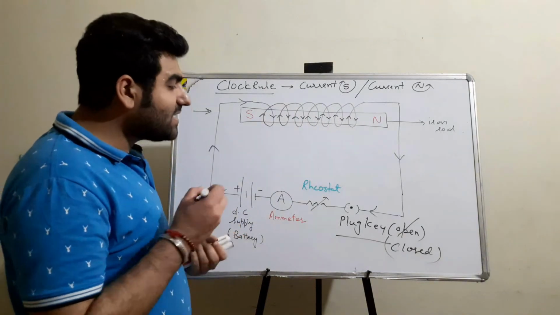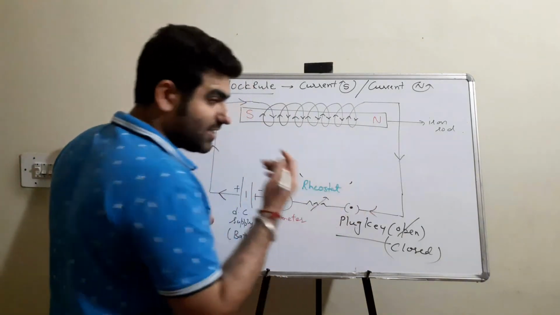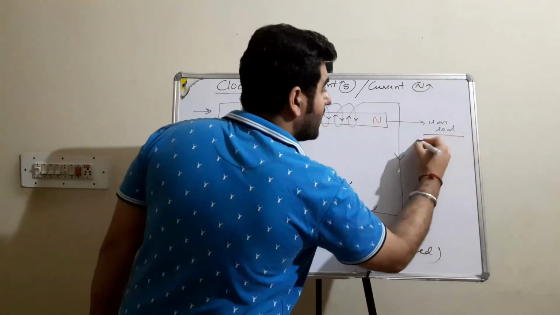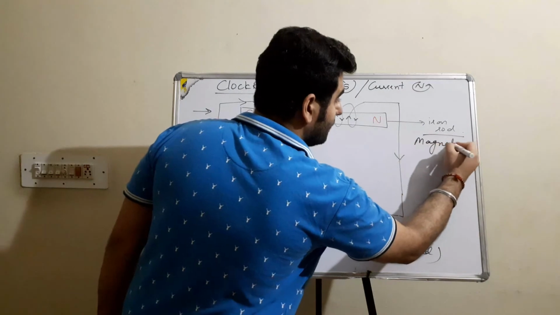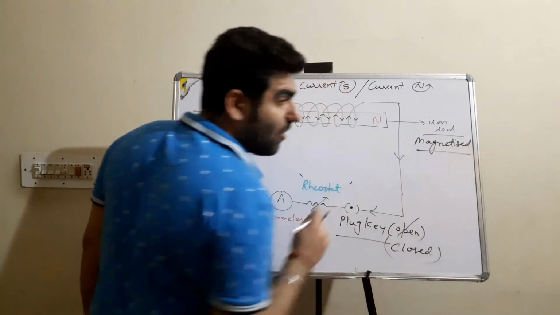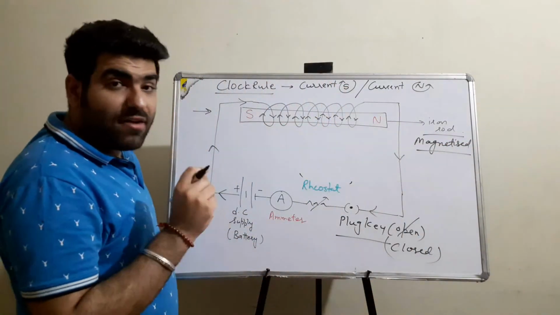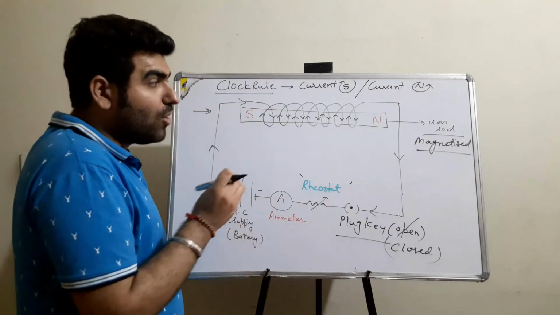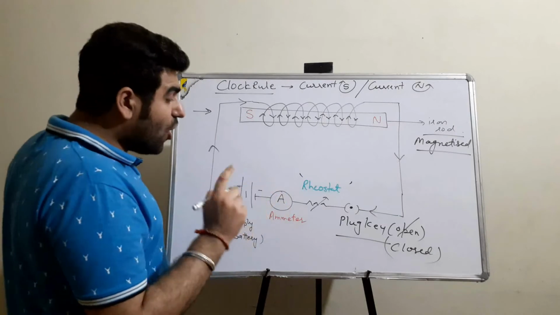Now, let us see what is the function of the rheostat. By the formation of these two poles, this iron rod is now magnetized. If I want to increase the strength of this magnetism, if I want to make this a stronger magnet, what will I do?